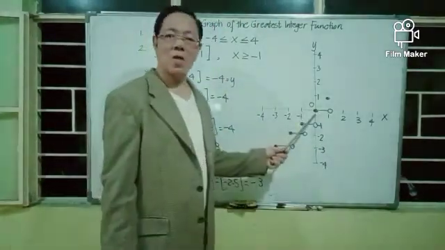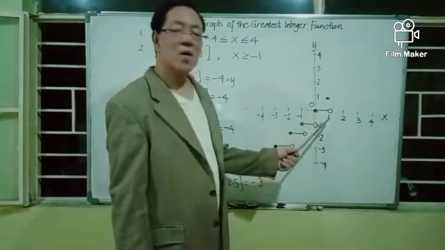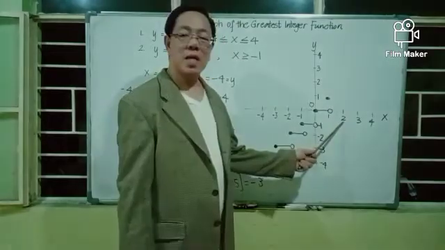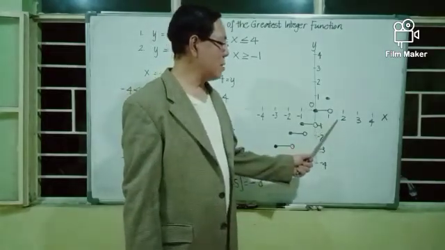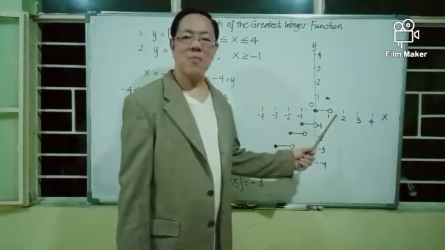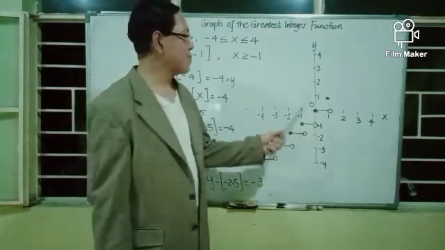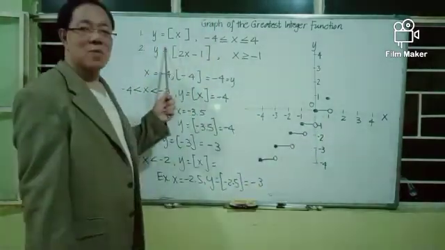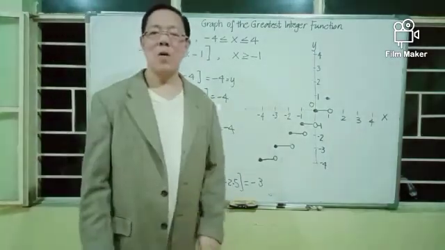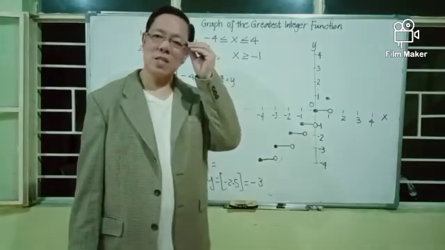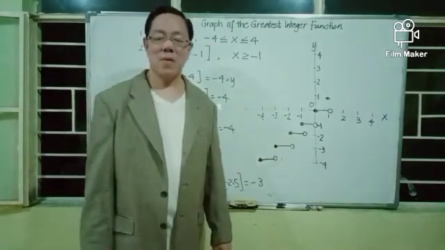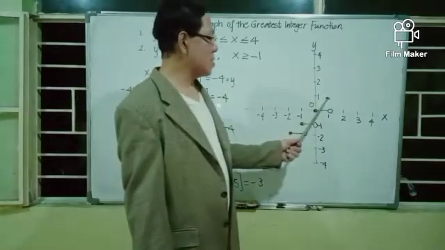This is the origin. Now we consider values of x between 1 and 2, real numbers that are greater than 1 but less than 2. Say 1.5. If x is 1.5, then the value of y is the floor of 1.5. And the floor of 1.5 is the largest integer that is less than 1.5, and that integer is 1.